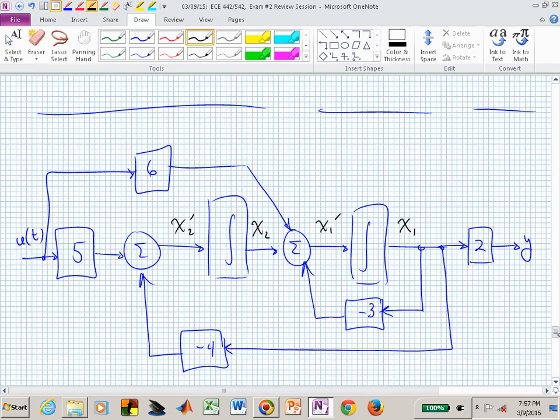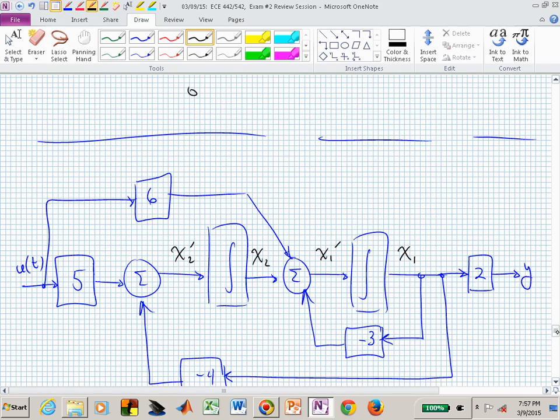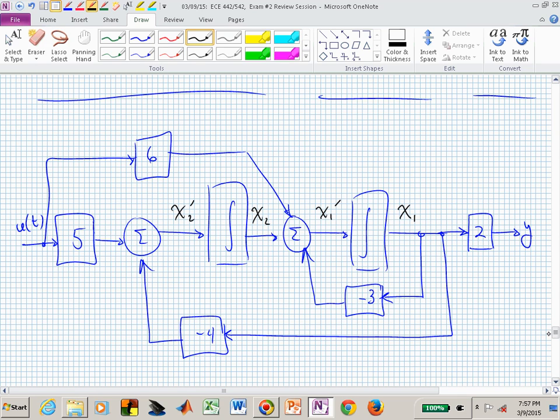So that's how you could start from a physical system, which might be indicated or given in the form of an all-integrator block diagram, and it may not be labeled. So you would then be forced to label it, but just label the outputs of the integrators as state variables.